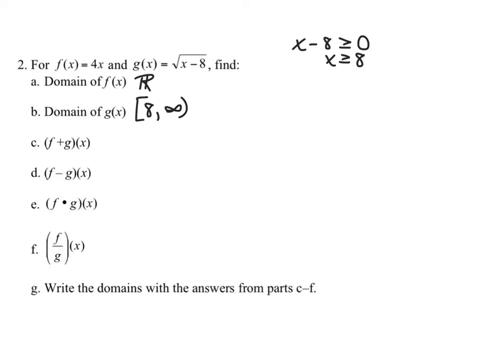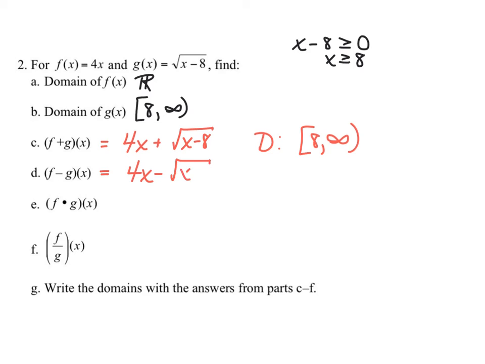All right, so f plus g of x is equal to 4x plus the square root of x minus 8. And those are not like terms, so just right away I'm going to state my domain is 8 to infinity. And then I'm told to subtract, which doesn't change things a whole lot here.